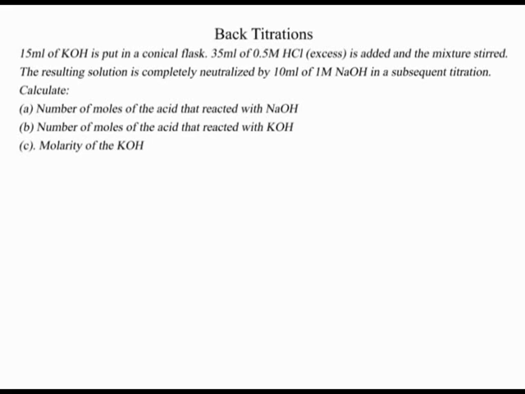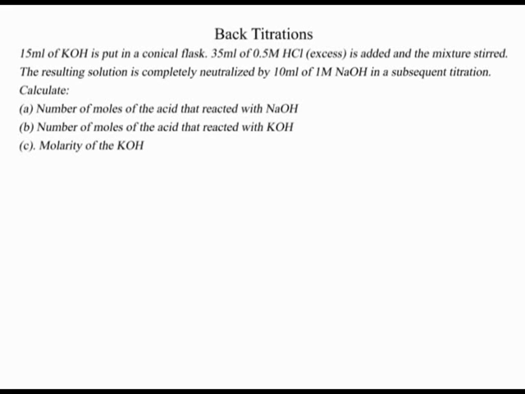Now, in this experiment, excess hydrochloric acid is first reacted with potassium hydroxide. It means some acid reacted and some remained unreacted. This unreacted acid was then neutralized by sodium hydroxide in the titration procedure.